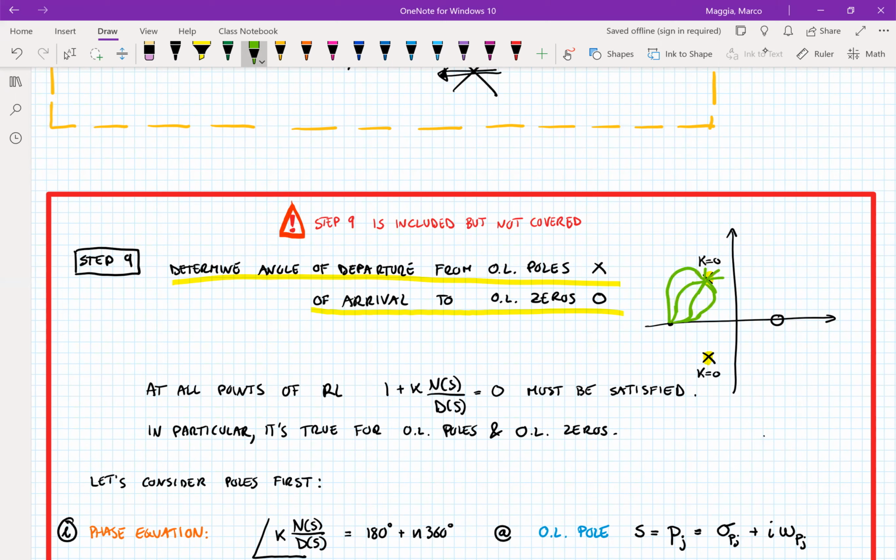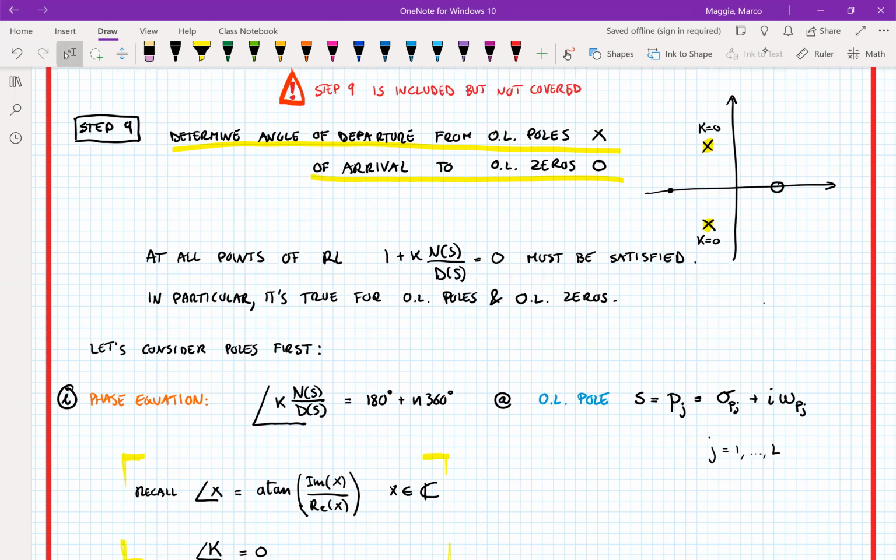Well, step 9 will give you a comprehensive way of finding the angle of departure from open loop poles, or angle of arrival if we're talking about open loop zeros. Again, you're more than welcome to take a look at it, but it's not going to be required.